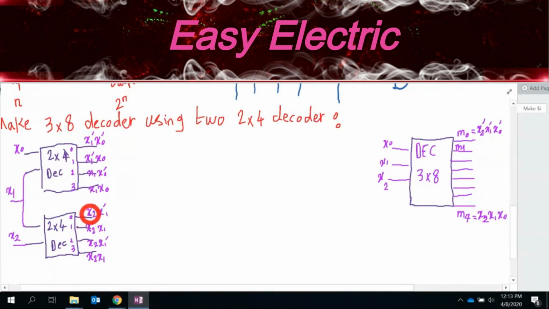This has x1' x2'. So if I AND these two, that means x0' x1' with x1' x2'. I repeat x1' two times, that's fine, you just write one of them. Then if you AND this with this, you definitely make M0, okay?